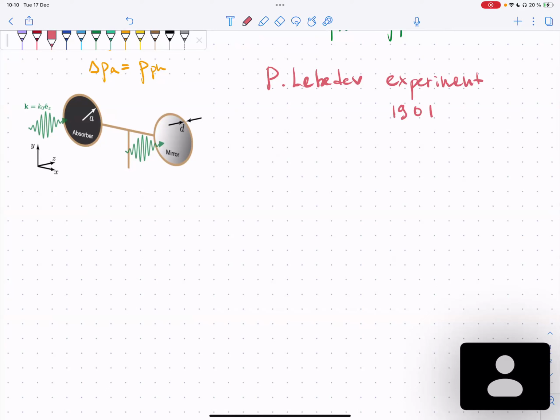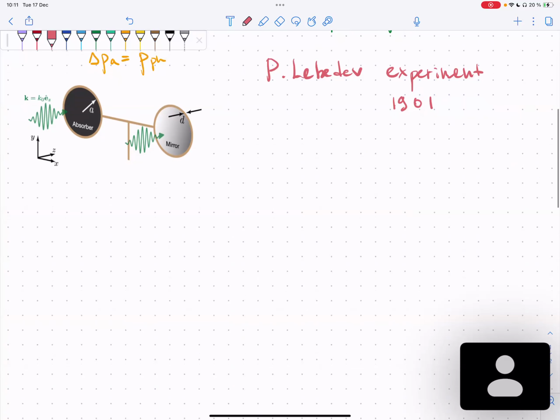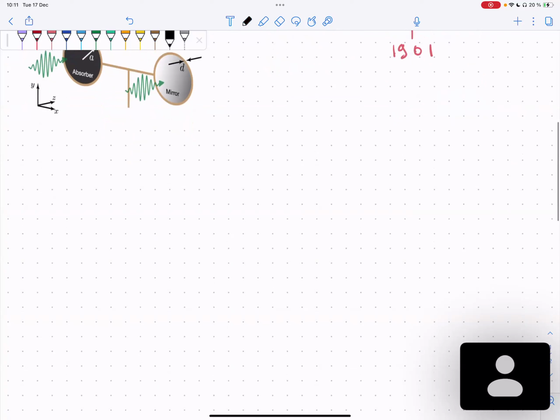But actually, this was not the first time when people noticed that light has some pressure, that light acts on matter in some way. The first was made in 1619 by Johannes Kepler.